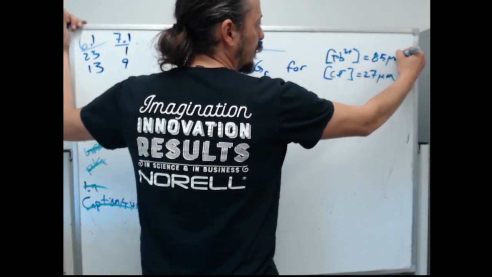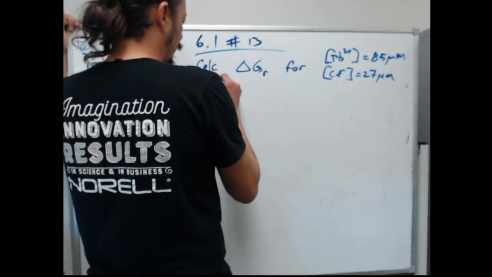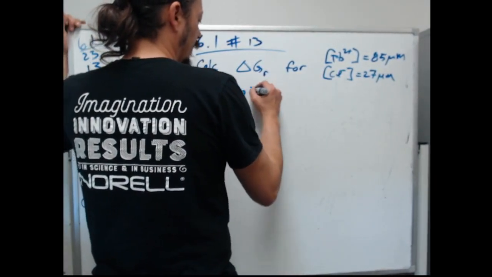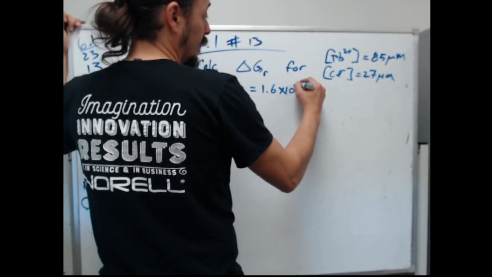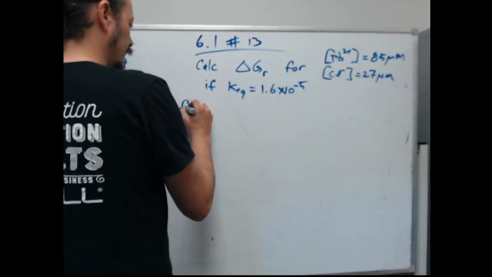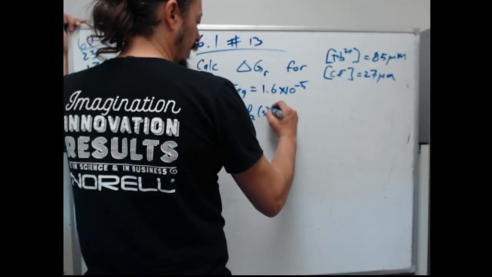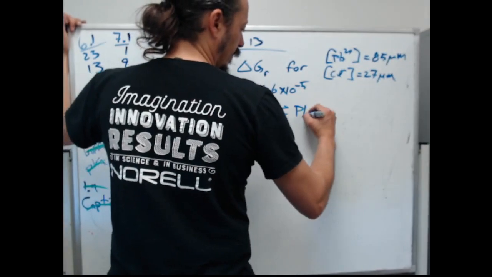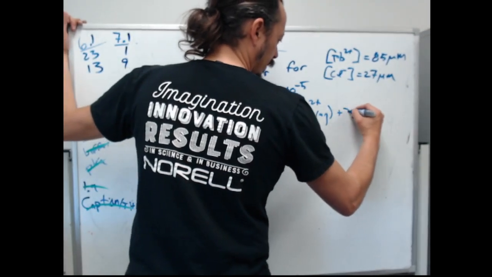And then the equation is PbCl2 solid goes back and forth with Pb2 plus aqueous plus 2Cl minus aqueous.